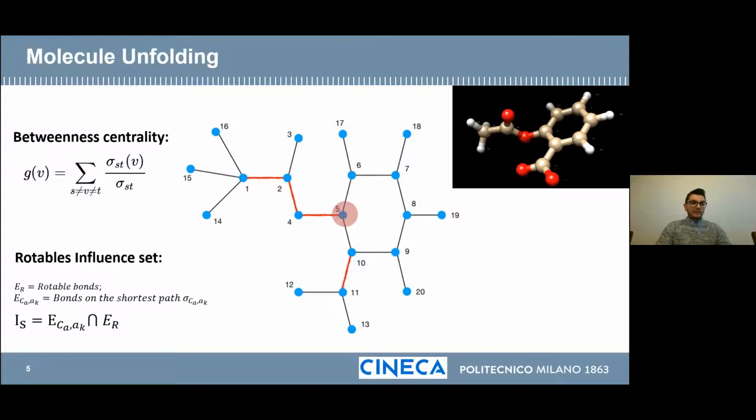Each fragment is then defined as a set of atoms influenced by the same set of rotatable bonds, which we call a rotatables influence set. We calculate the influence set as the intersection of the rotatable bonds and the edges of the shortest path from a generic atom to the central atom. All the atoms in a fragment are then mapped to a virtual path composed of the edges in the influence set, and then the relative composite rotation matrix is created.